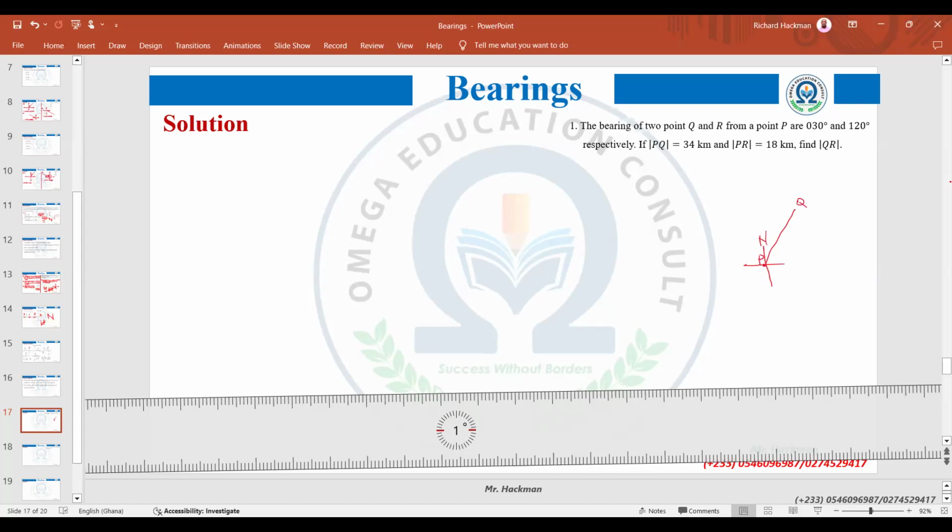Then that of R is 120, which will be somewhere here. The distance between them, PR, is shorter than PQ, so it means this should be a little longer. So in this case, I know the area of my page that I will need. Do you get my point?